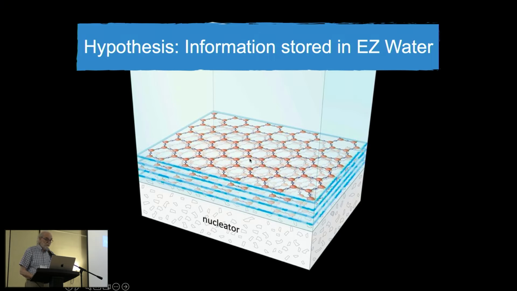And I think there's good reason to think that that may be the case because of its similarity to ordinary memories. And the idea of water memory, which maybe is unfamiliar to many of you, but there are many scientists who have been studying this, and many of them have been discredited for their radical views.